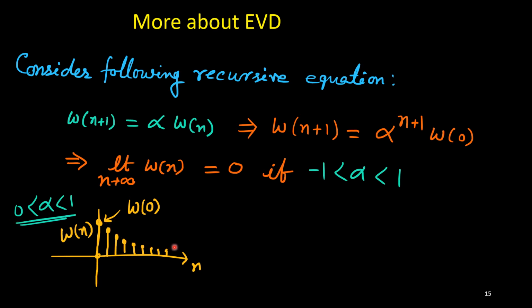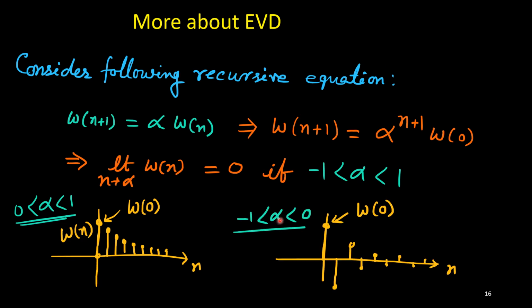First one will be W0, next alpha times W0, then alpha squared W0, then alpha cubed W0, like that. If alpha is positive and the initial value is positive, every time it remains positive, but the magnitude is reducing, so eventually it will become 0.